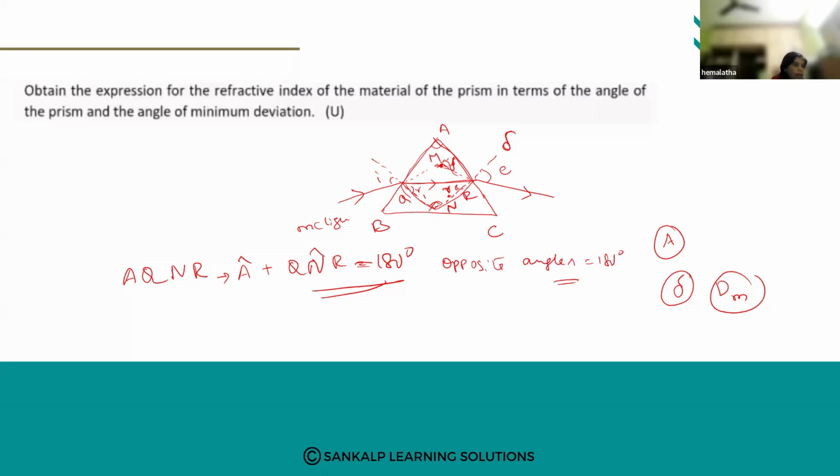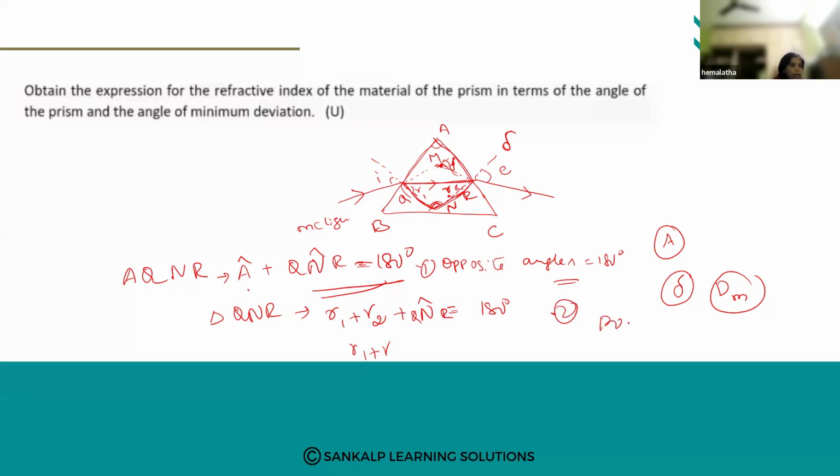Next, from the triangle QNR: R1 plus R2 plus angle QNR, or angle N, is equal to 180 degrees. But angle A plus QNR is also 180 degrees. So this is the first equation and this is the second equation.